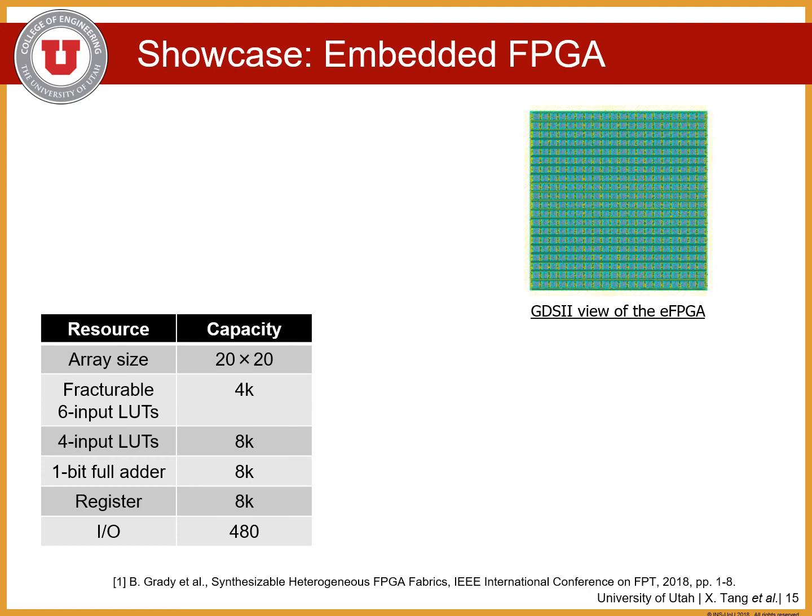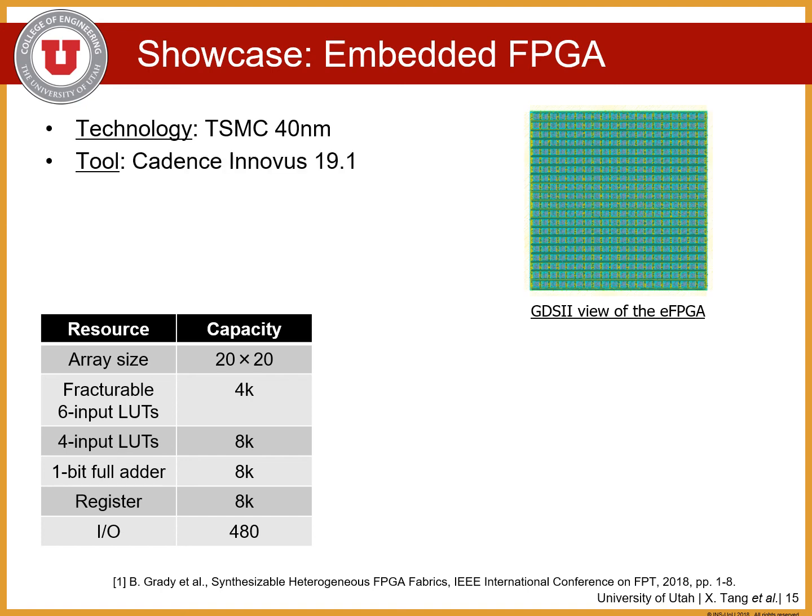Let me talk about two showcases for OpenFPGA. The first one is an embedded FPGA fabric, which is built using the TSMC 14nm technology. The tool we are using to generate the layout is Cadence Innovus. The total layout area is 7 mm square.